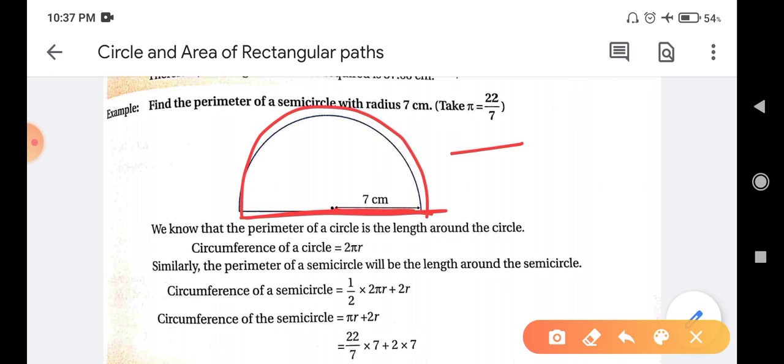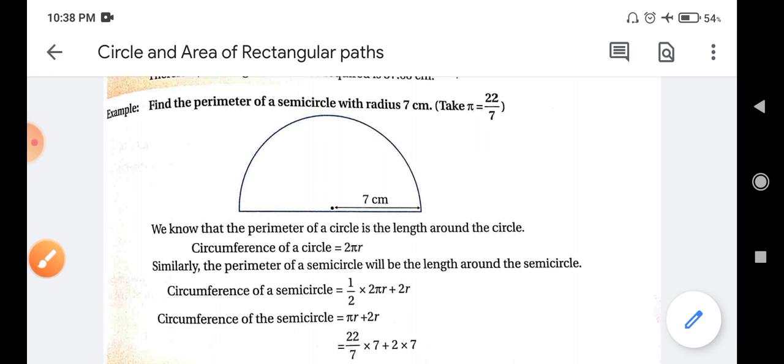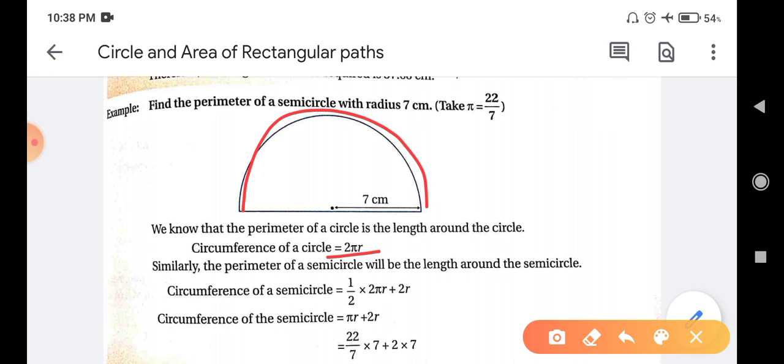So this is the length of the boundary. To find the perimeter of this semicircle, firstly we have to know the circumference of a circle. This is 2 pi r. Then we have to find half of this 2 pi r. Then we will get the value of this curved length.